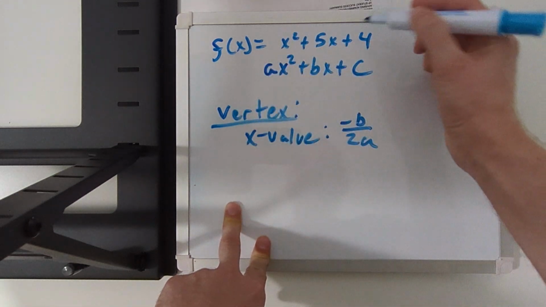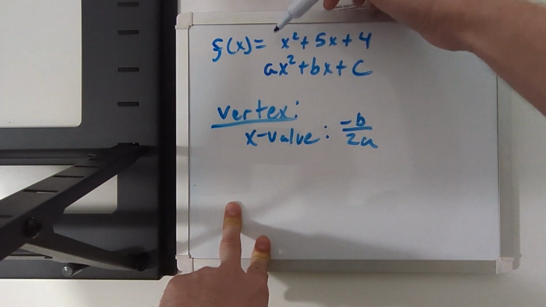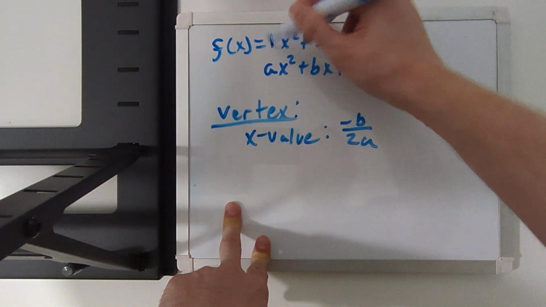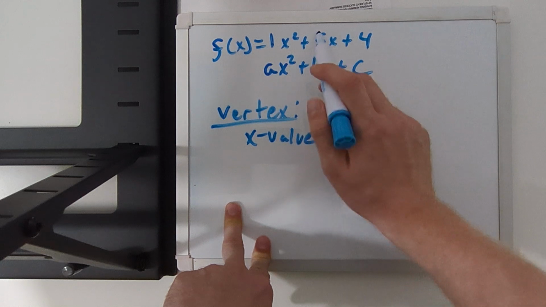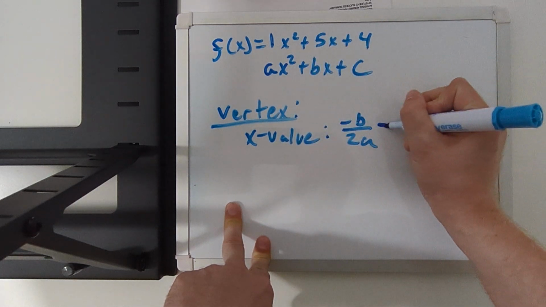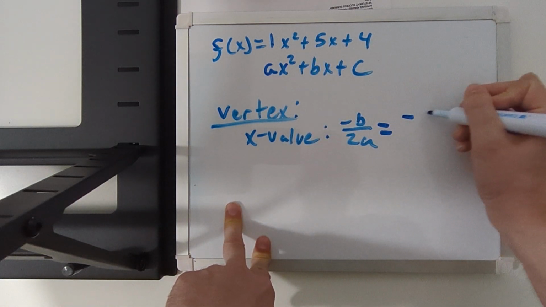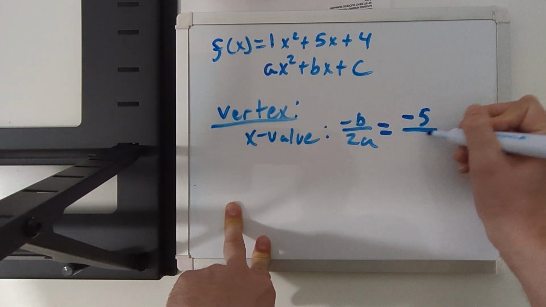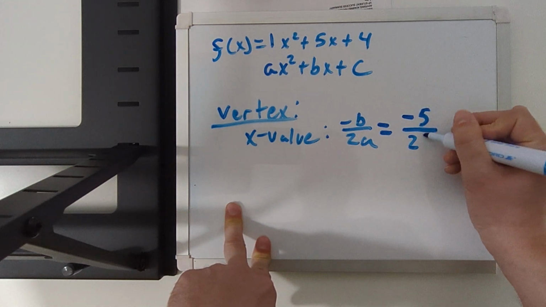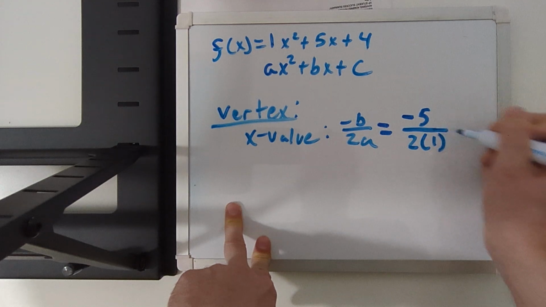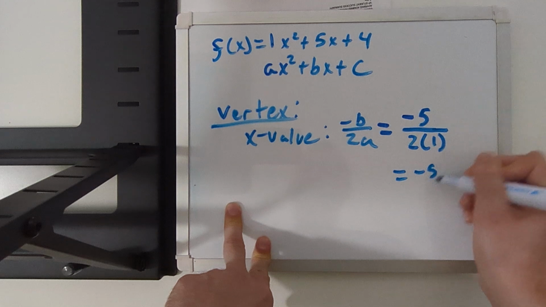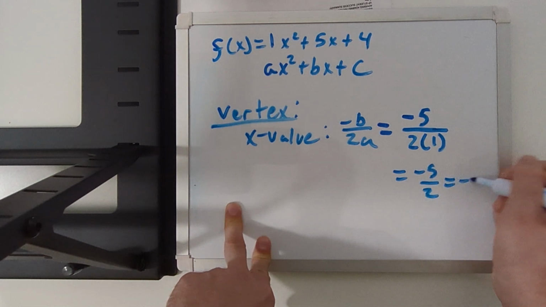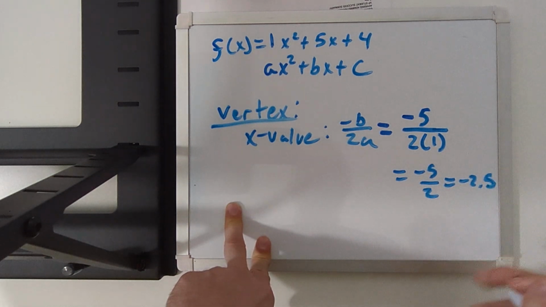For this quadratic, and again, there's no coefficient in front of the x squared, that's an understood 1, so a is 1. B is 5. So the x value would be negative 5 over 2 times 1, which is just negative 5 halves, or negative 2.5.